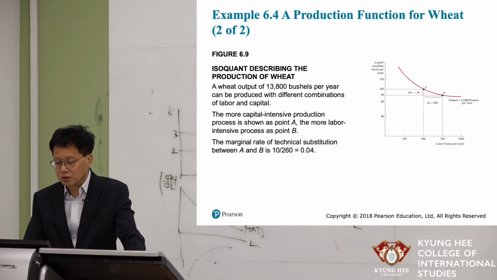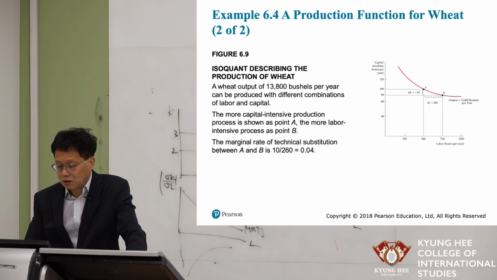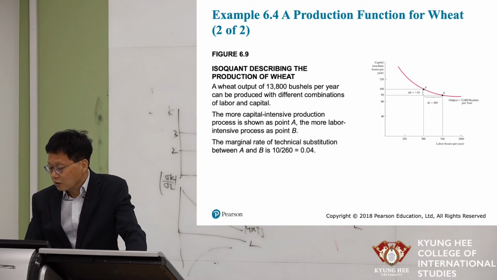The isoquant describes the production of wheat. A wheat output of 13,800 bushels per year can be produced with different combinations of labor and capital. For example, at point A, 500 labor and 100-some acres of land, capital like this.